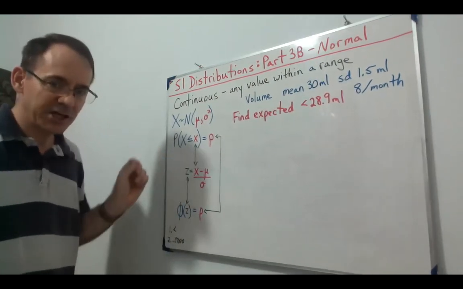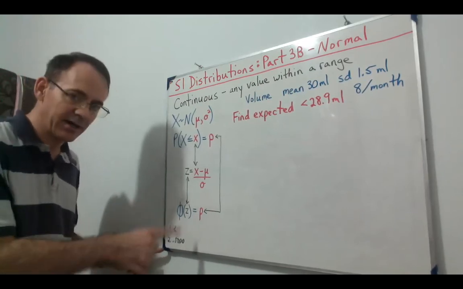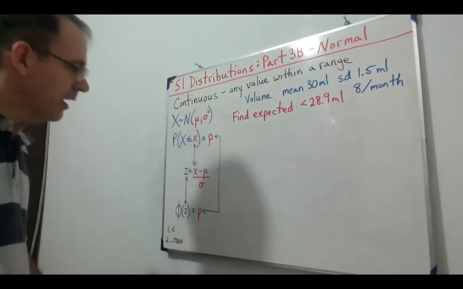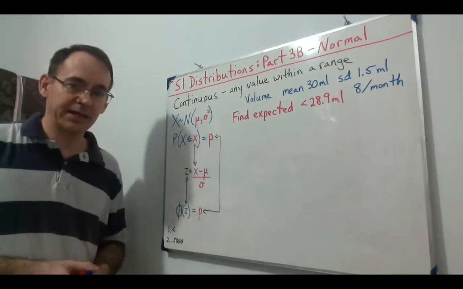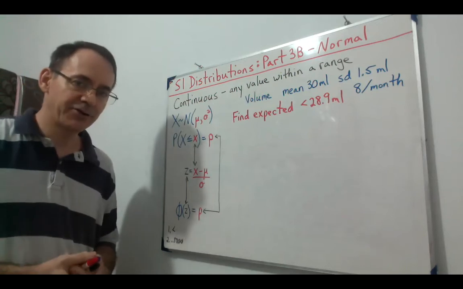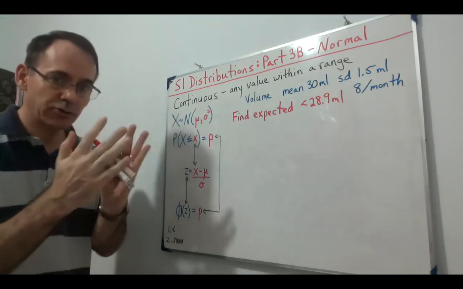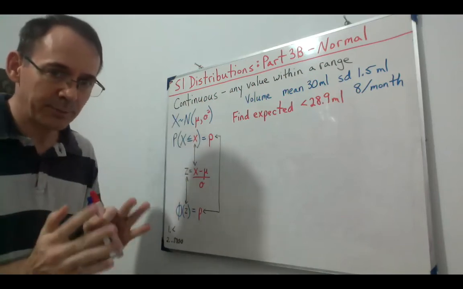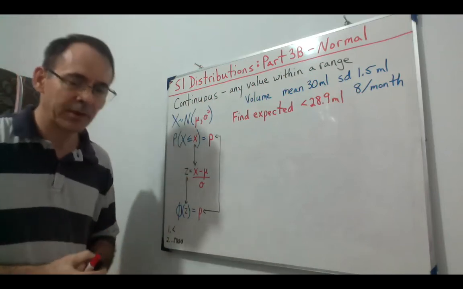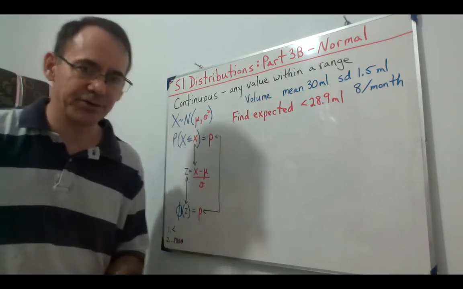So those are adjustments that you need to make based on your understanding of the phi-z chart. The third thing that you need to be able to do, of course, is read the chart and understand what it's telling you, either reading it from the z value to the probability or from the probability back to the z value. Those are the things that we're going to see play out in these examples.